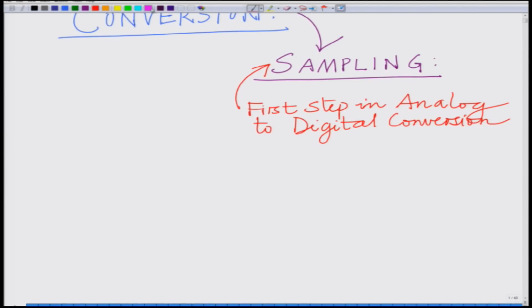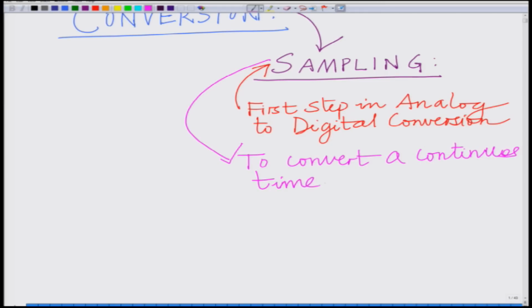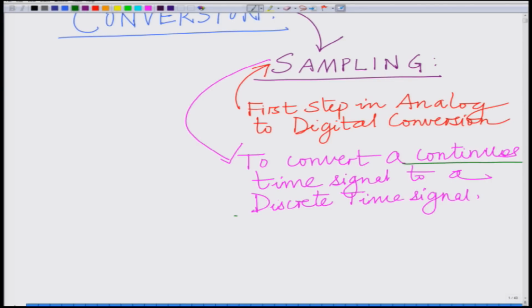So, the basic idea behind sampling is to convert a continuous time signal to a discrete time signal.